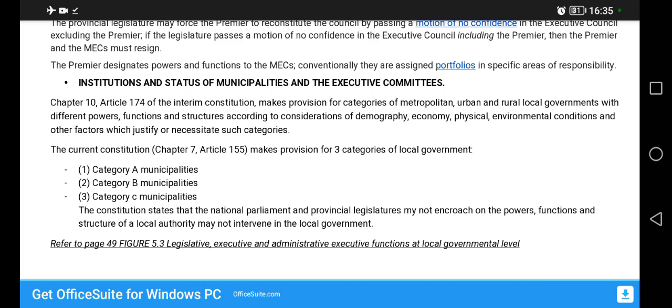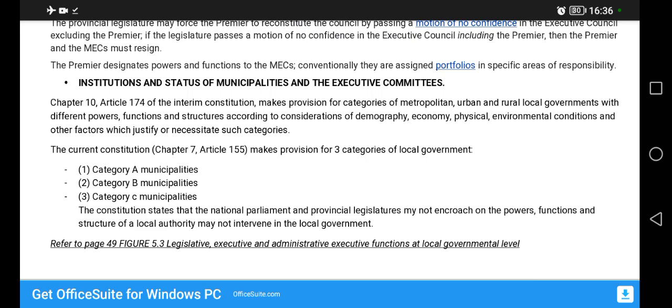It's category A, category B, and category C. The Constitution states that the national parliament and provincial legislature may not encroach on the powers, functions, and structure of a local authority, and may not intervene in the local government. So what they're saying there is that those who are at the local level have the powers and the rights that have been assigned to them, and they said, hey, you people in the municipalities, you can create your own laws.